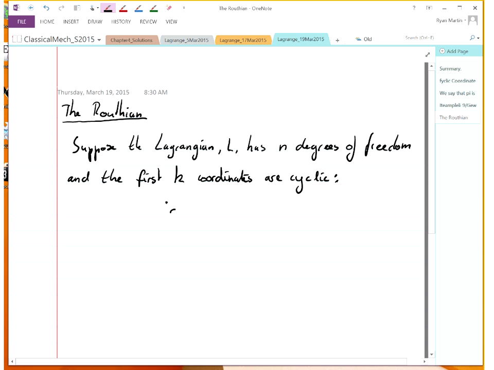So the first k coordinates are cyclic. That means that ∂L/∂q̇_i, that's the conjugate momenta of that cyclic coordinate, are constant. And we're going to call those constants beta_i. So that's true for i equals 1 to k.